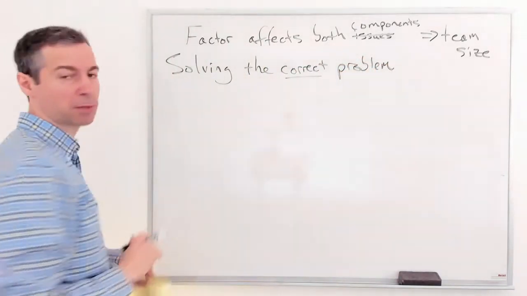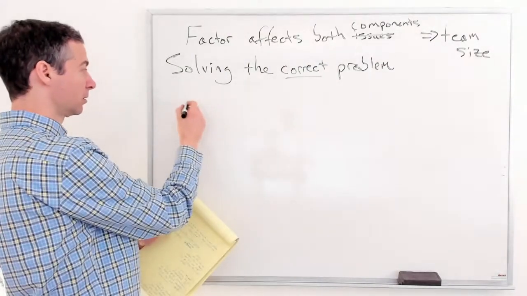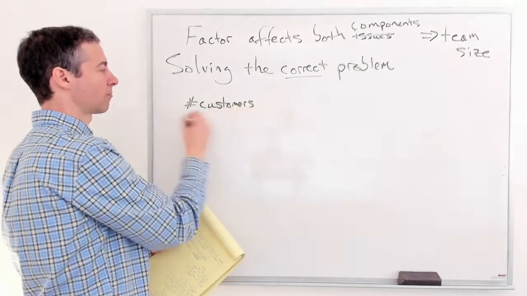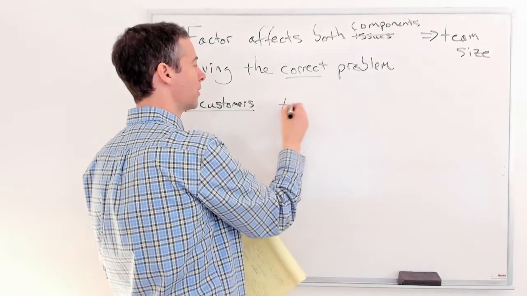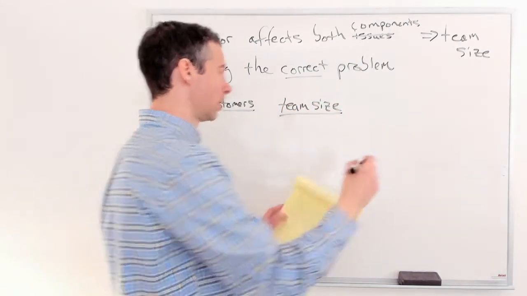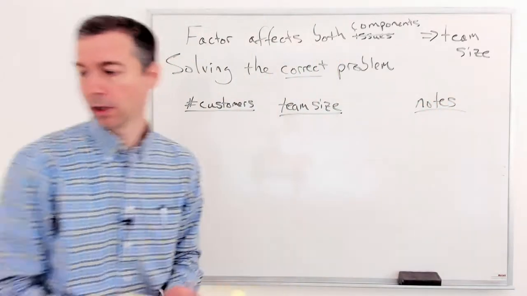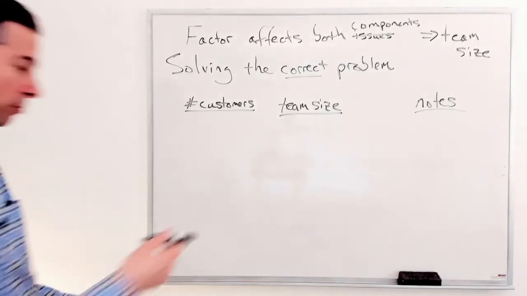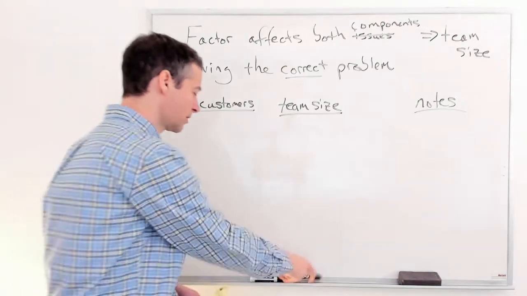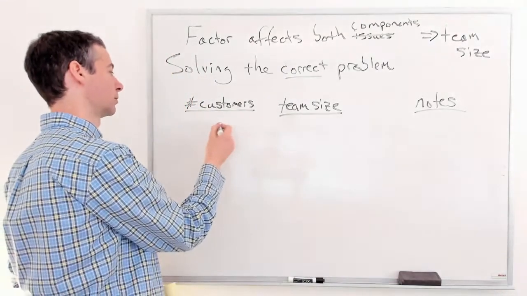So let's break this down. We have number of customers. All right. We have our team size. And let me make some notes about this. All right. Grab a different pen. So the easiest thing is when we have no customers.